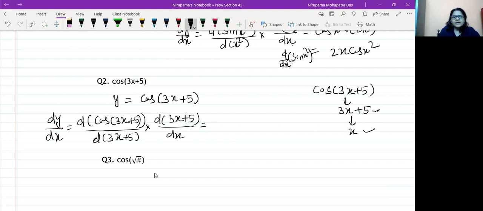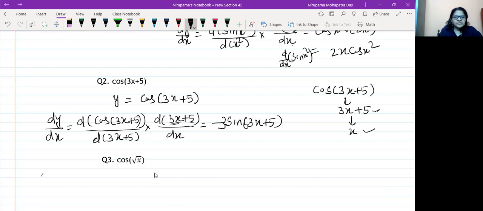We know the derivative of cos x with respect to x is minus sin x. The derivative of cos 3x plus 5 with respect to 3x plus 5 will be minus sin 3x plus 5, and then the derivative of 3x plus 5 with respect to x. The derivative of 3x is 3, the derivative of 5 is 0. Okay, so you are getting minus 3 into sin 3x plus 5.